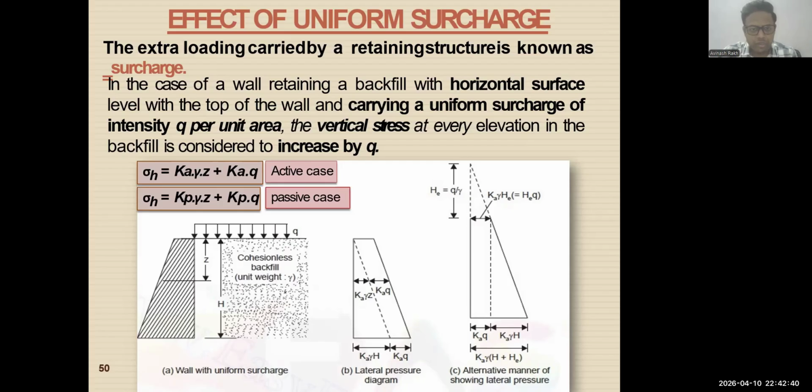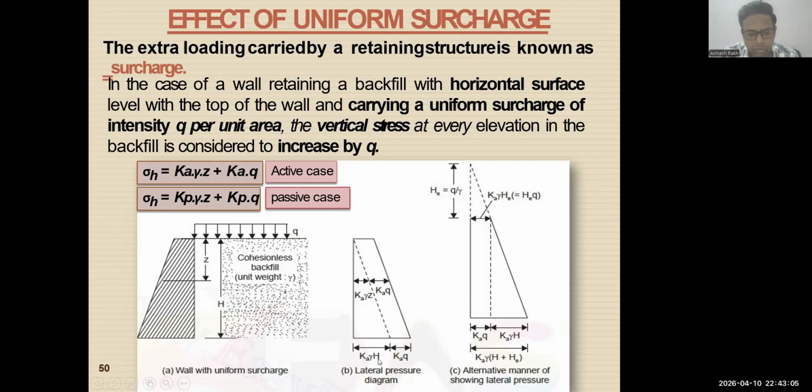So in the case of a uniform surcharge, the wall has a cohesionless backfill with unit weight gamma, the datum z is given, and q is the uniform surcharge coming on the backfill on the retaining wall. The lateral pressure diagram will be in this way: Ka gamma z plus Ka q.